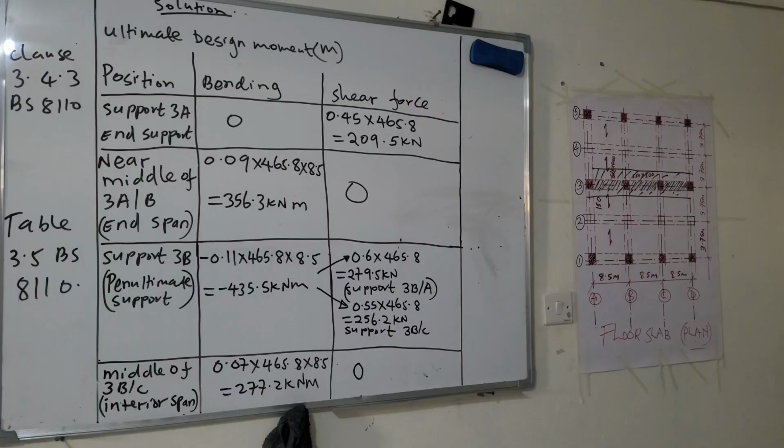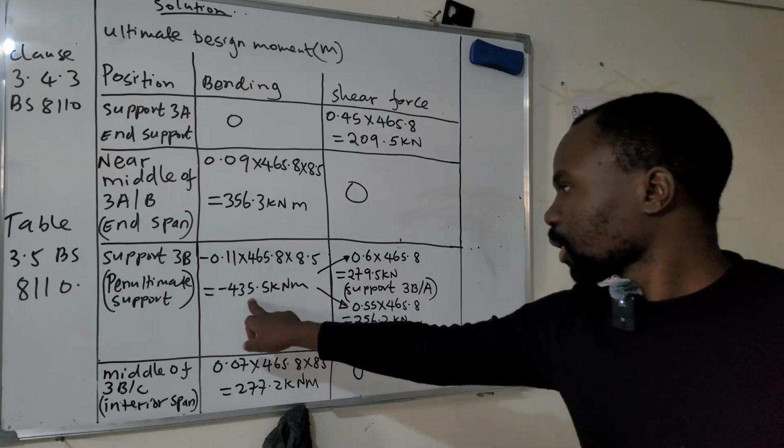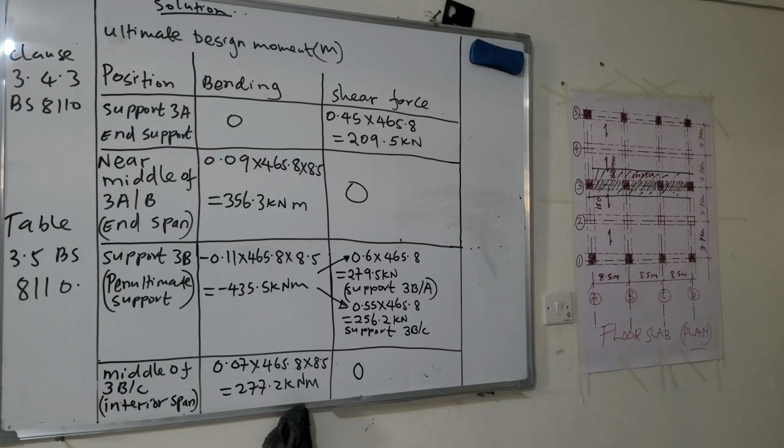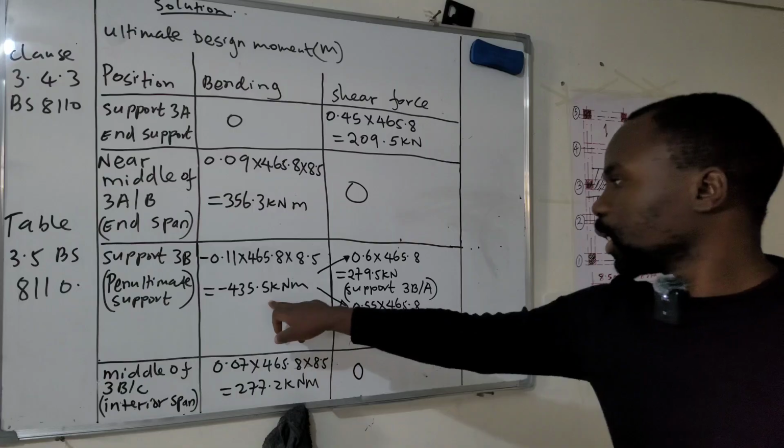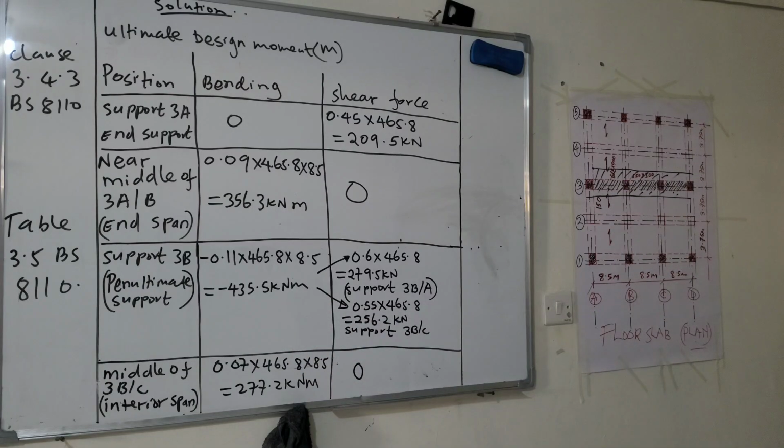But when it comes to reinforcement, the negative means at the support, the reinforcement will be at the top of the beam, because the beam is hogging. The beam is hogging at the interior support of a continuous beam, which means the tension reinforcement will be at the top and the compression will be at the bottom.